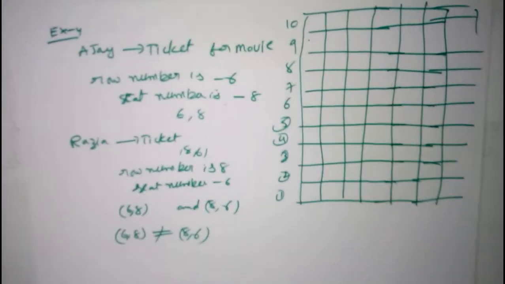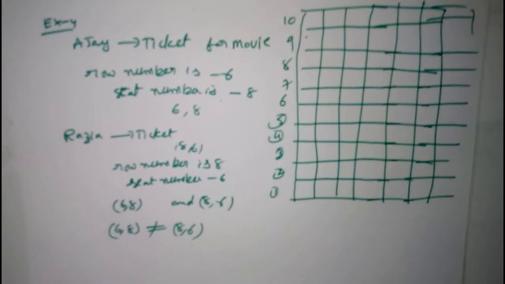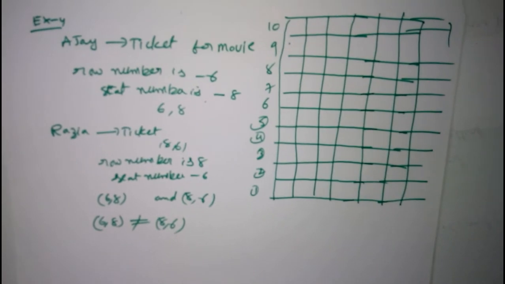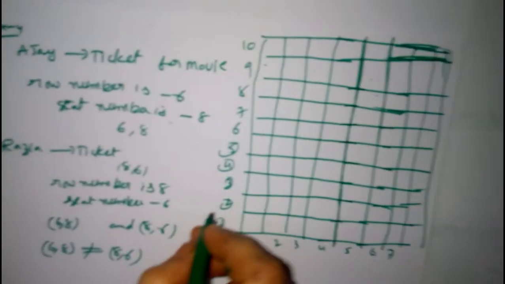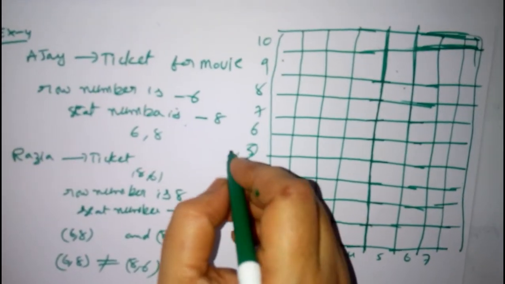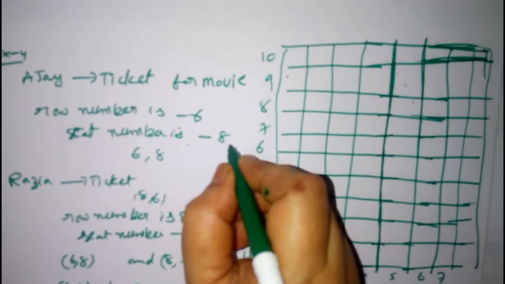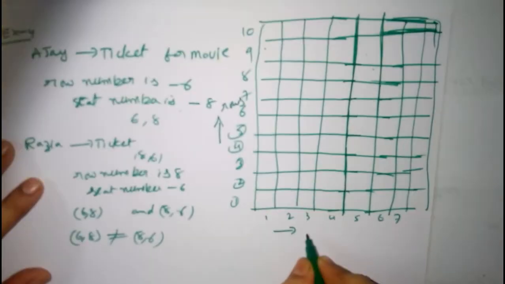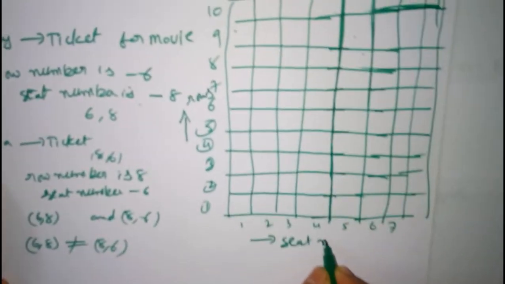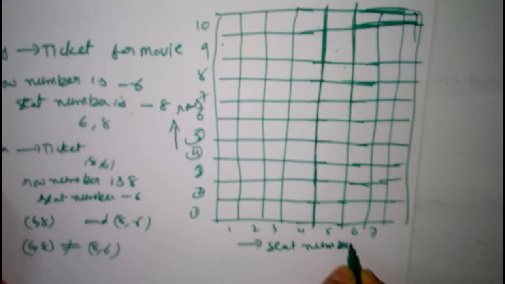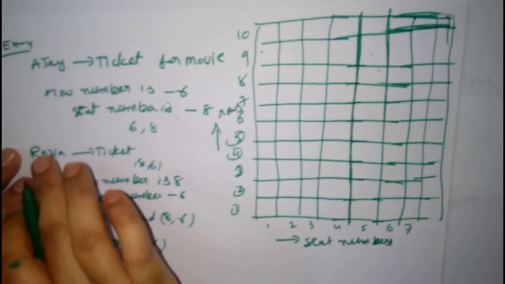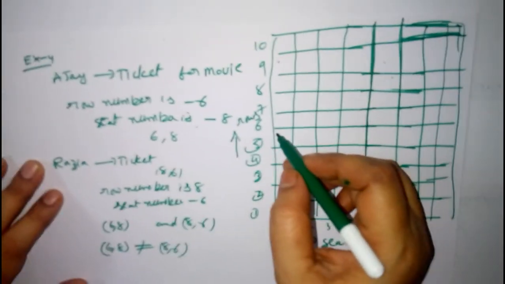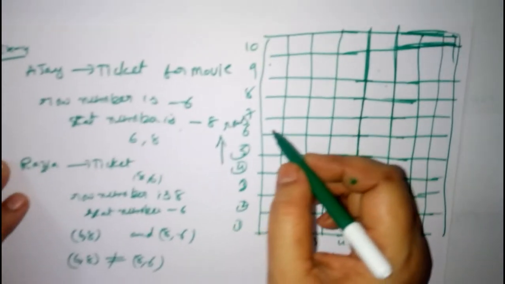So for Ajay, the seat is 6 comma 8. These are rows, these are seat numbers. So Ajay's row is the 6th row and seat number 8.